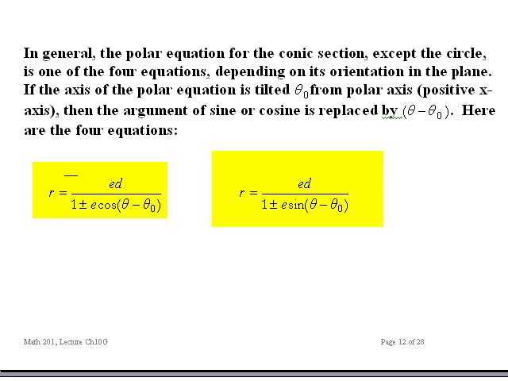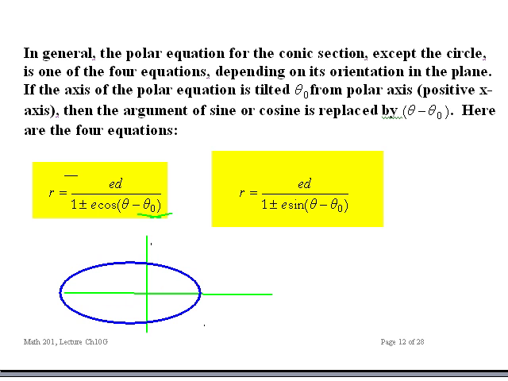So I'm going to try to draw that for you. Here's our x and y axes. If this term theta naught is 0, then for example you might have an ellipse like that. Say theta naught was 45 degrees. I'll have to draw it by pen.